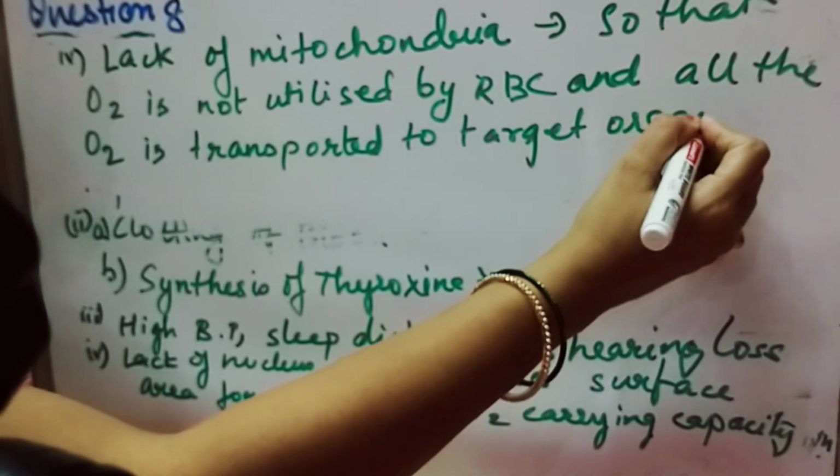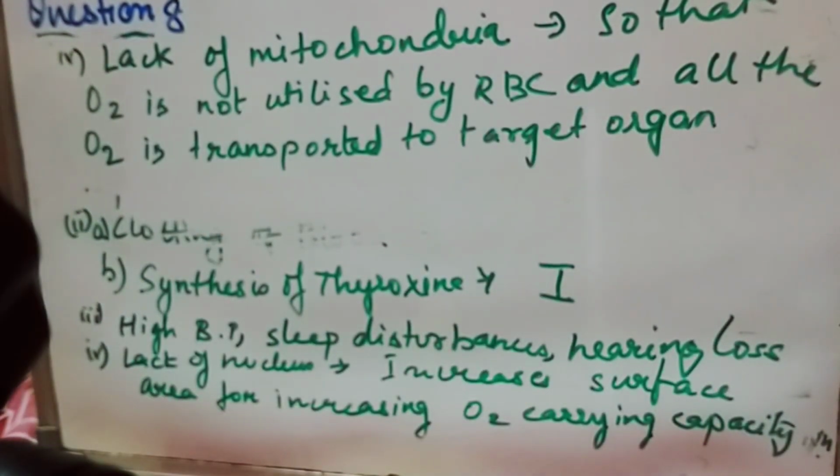So as mitochondria is absent, RBC won't be able to utilize oxygen for itself. Hence, all of the oxygen that it is carrying would be transported to different cells and tissues where it is moving along with the blood.